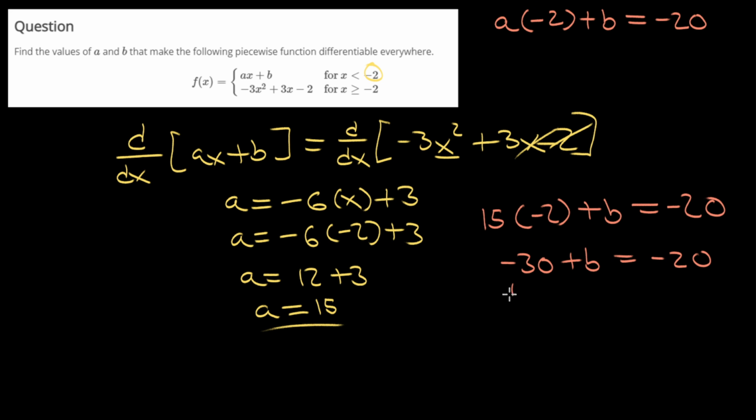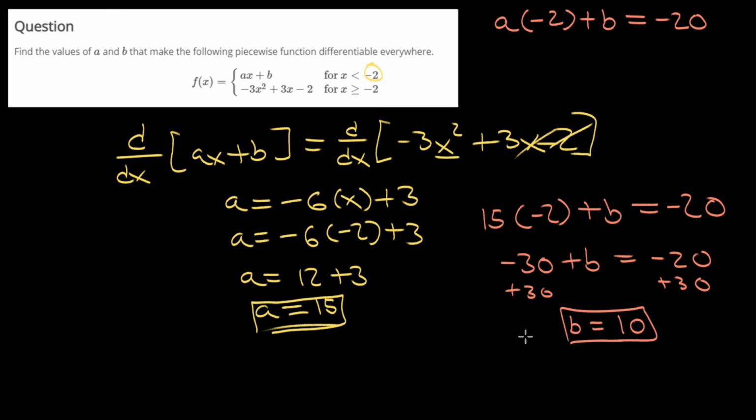And then we add 30 to this side, and we get b is equal to 10. So we know what b is equal to, and we also know what a is equal to. And these are the answers.